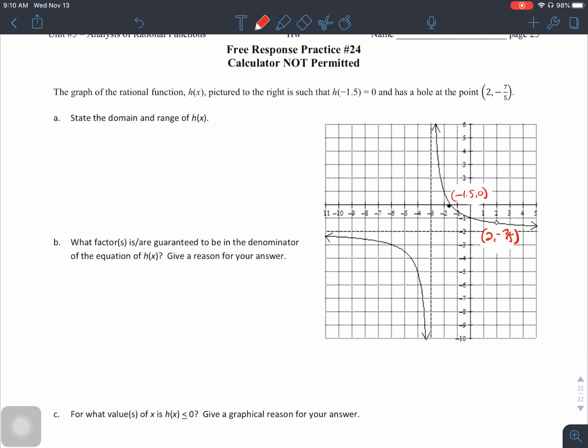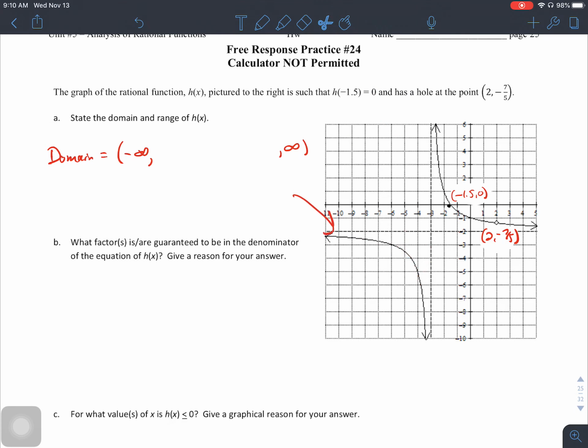State the domain and range. Well, the domain, those are all the x values that can be used for this function, and that's going to go from negative infinity to infinity, but we need to remove any of the restricted values. We have a restricted value right here at negative 3.